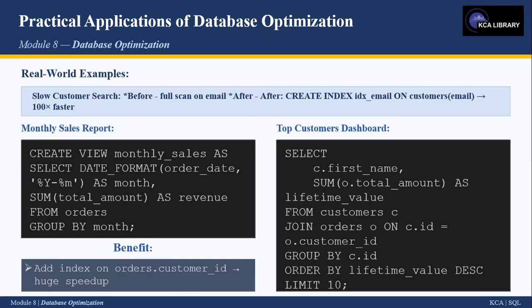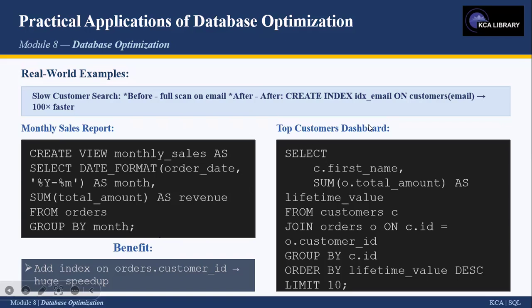Let's look at this monthly sales report to create a view. CREATE VIEW monthly_sales AS SELECT DATE_FORMAT(order_date) AS month and SUM(total_amount) AS revenue FROM orders GROUP BY month.